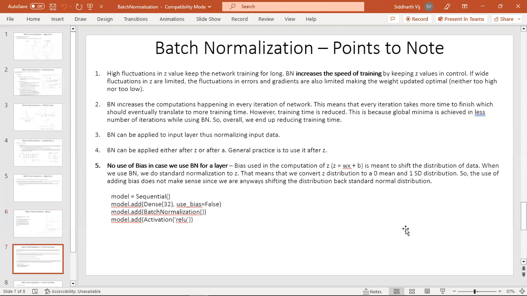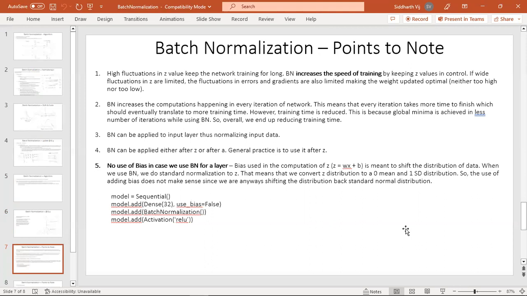Next, we also need to understand a few of the things that batch normalization does to the network that are really making the network do wonders. One of the major things is the speed of the training. With batch normalization, the speed of the training is increased. The reason is you don't have a wide variety of Z values flowing into the network.